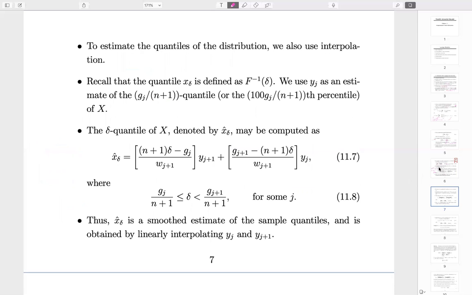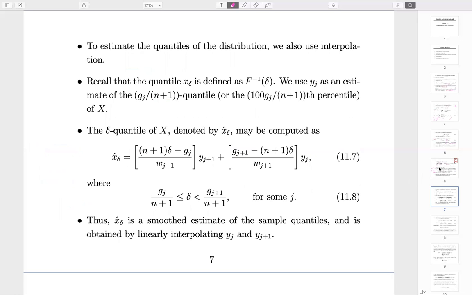Another important concept is quantiles. Quantiles are the key to VaR, value at risk, and TVaR. We can use interpolation as well. But before we do any interpolation, first of all, we need to know what would be the quantile exactly at the y's.